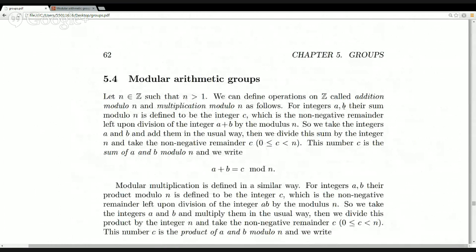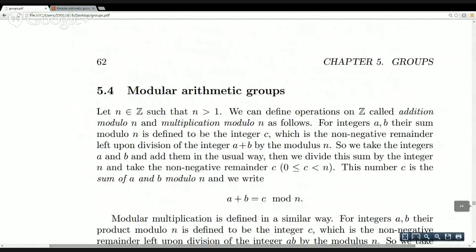Now we've got two operations, addition and multiplication modulo n. Okay, so n is some fixed modulus. So that example there was matrices. For the modular arithmetic groups, we have two operations, addition modulo n, and multiplication modulo n.